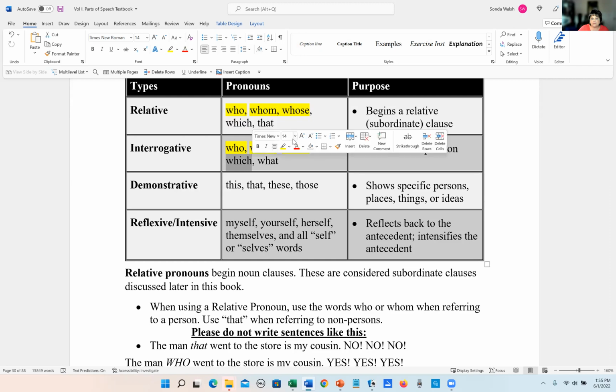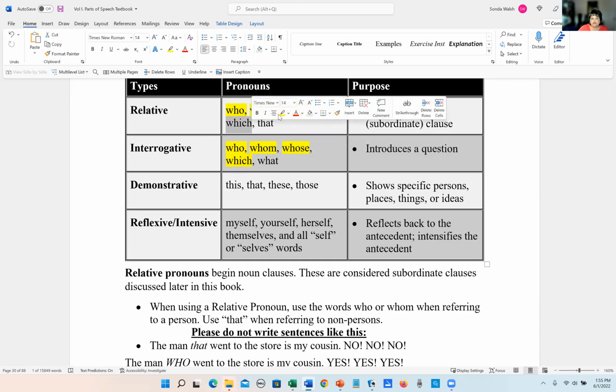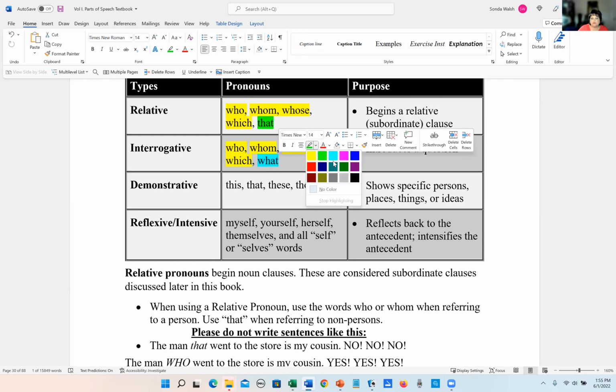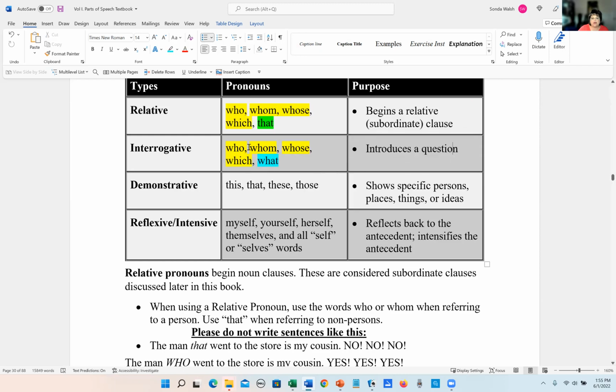Which, can you believe this? They're the same words. The only ones that are different are the words that and what. I can't get that one highlighted. So that is just an FYI. These are very, very similar.